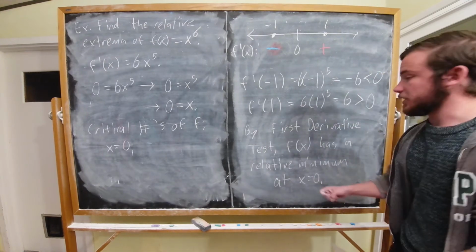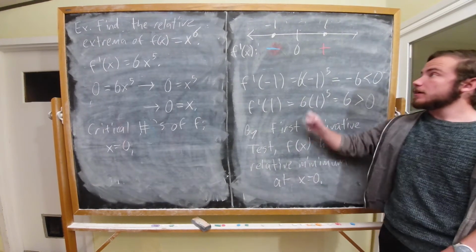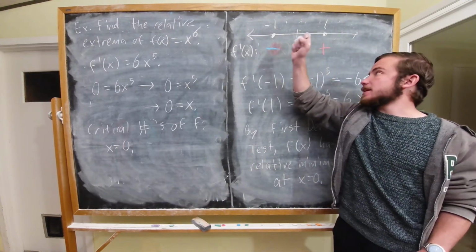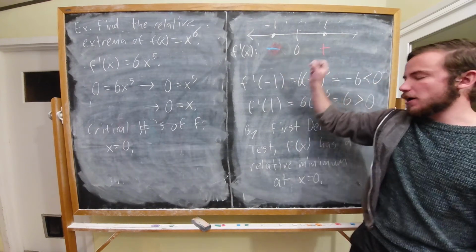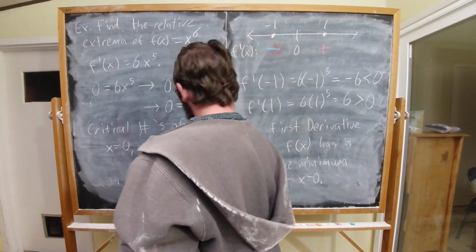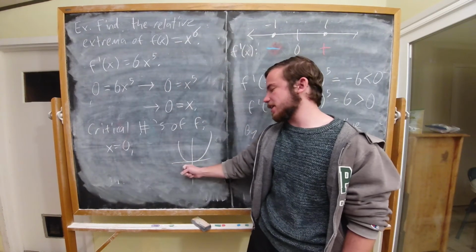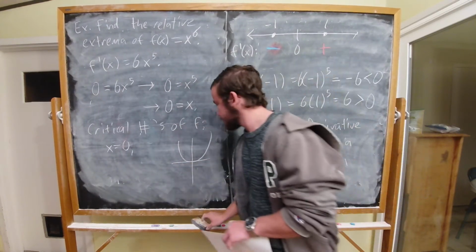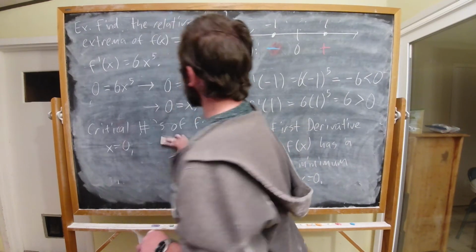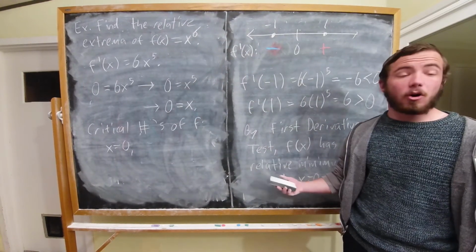Because 0 is a critical point where the derivative goes from being negative to being positive. In other words, something like this is going on. Negative to positive. And that's all there is to it. Let's do a few more complicated examples.